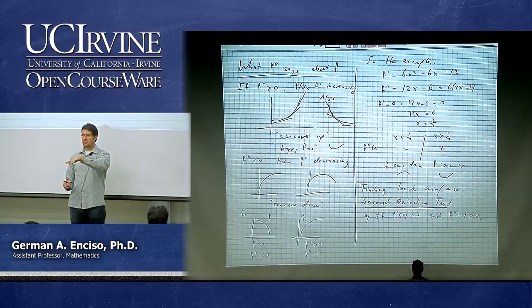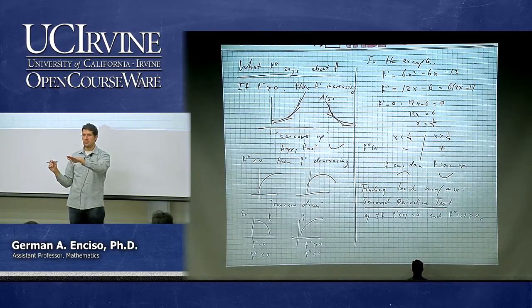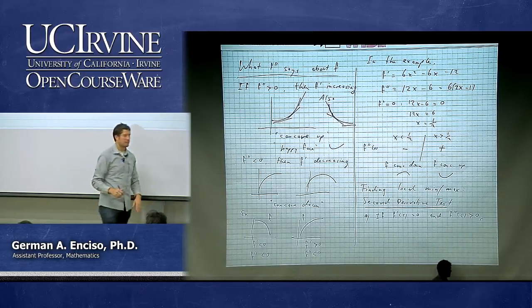So it must be happy face or sad face? Happy face. Okay. So it means that it looks like this, right? Is that a local maximum or a local minimum? Local minimum. That's right.